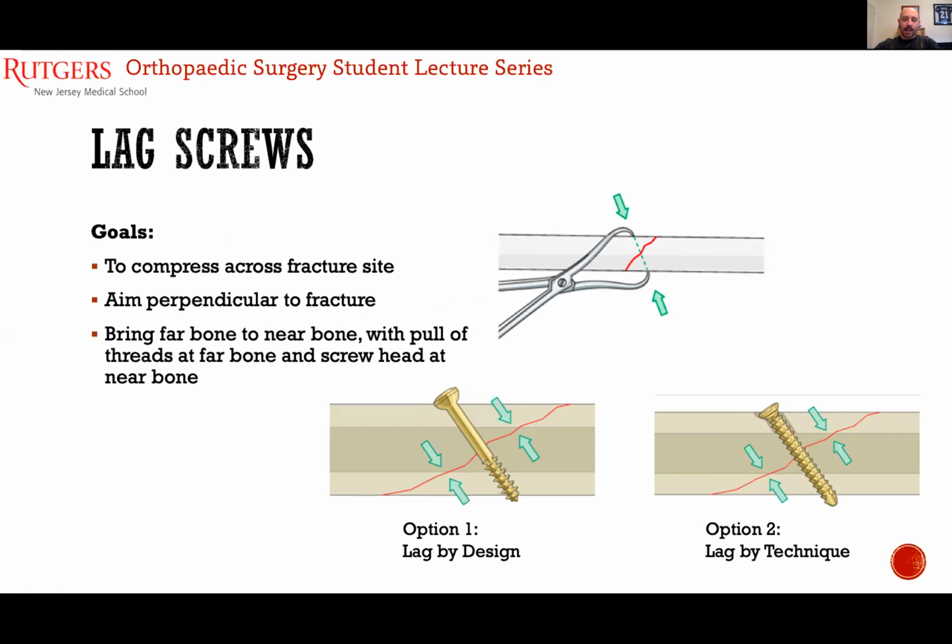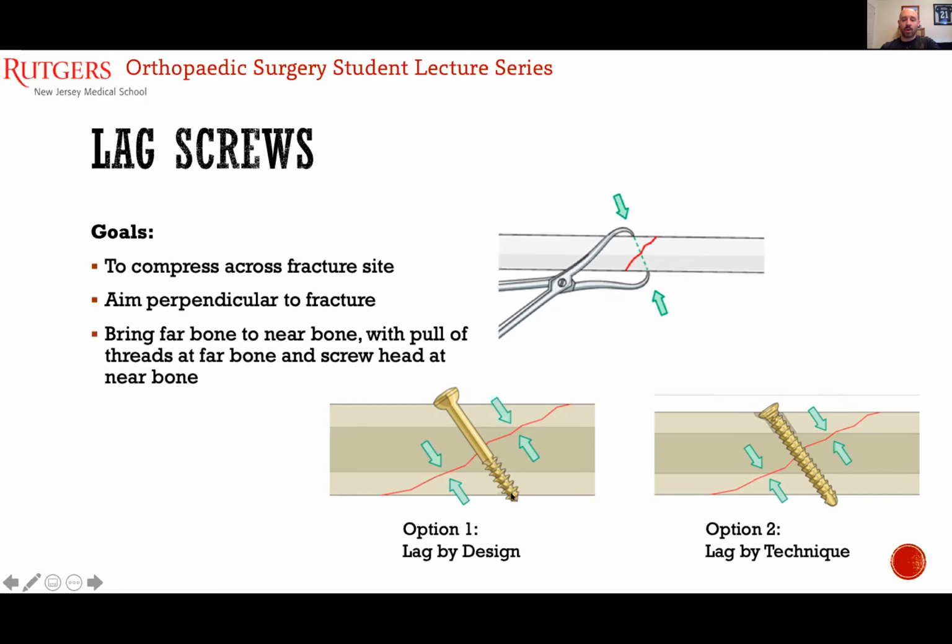So a lag by design is always going to be a partially threaded screw, and you first drill the near cortex with the same size diameter as the far cortex, and it's going to be able to engage these screw threads on the far cortex and allow the smooth shaft to glide through that same size drill hole.